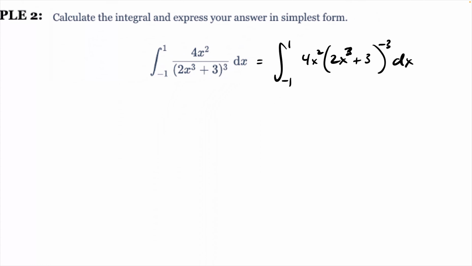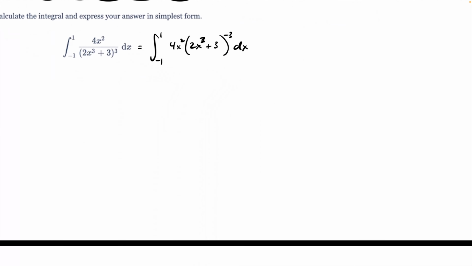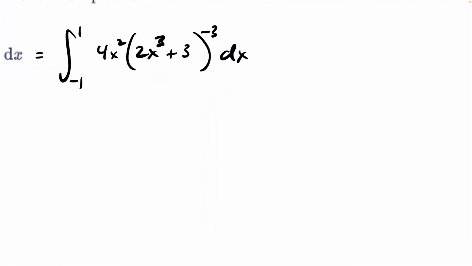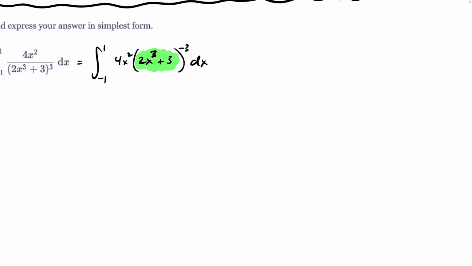I'm going to have to use U. This is one of the ones that we talked about last set of notes, right? So U substitution, I'm going to choose this guy as my U because the derivative is x squared, and I see I have x squared already in there. Okay, so U is 2x cubed plus 3.